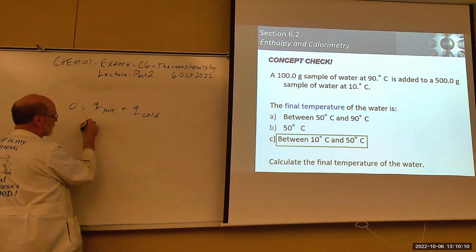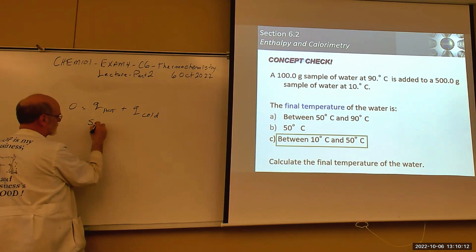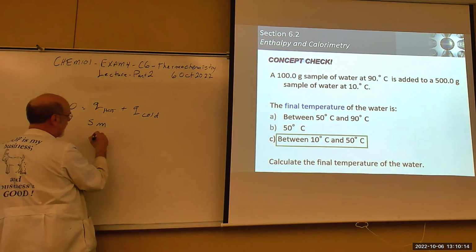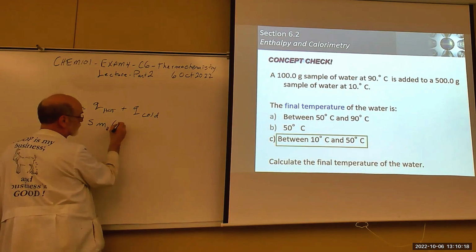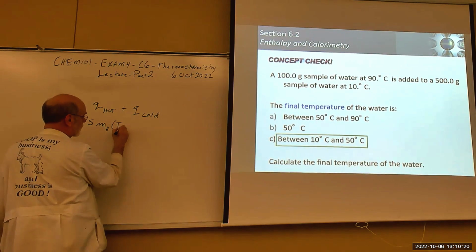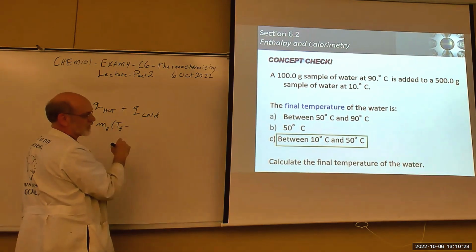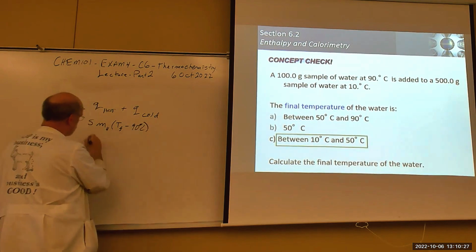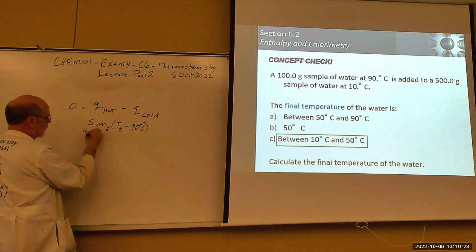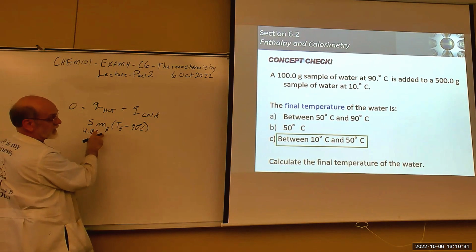Q hot would be the mass of hot times the change in temperature, which is final minus initial. The hot one would be 90 degrees. This would be 4.184, and this one would be 100 grams.